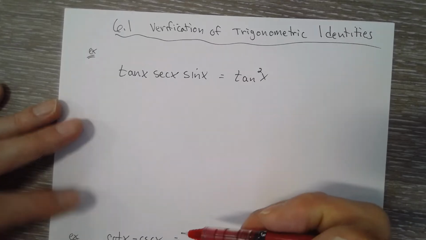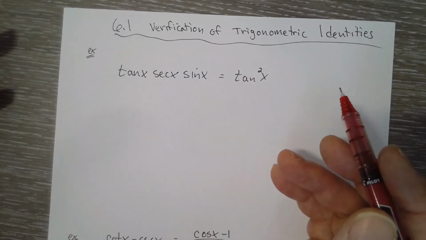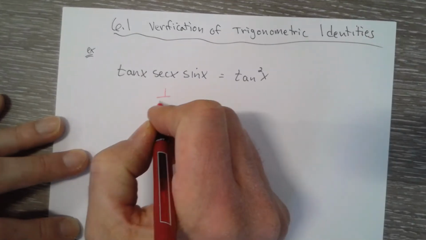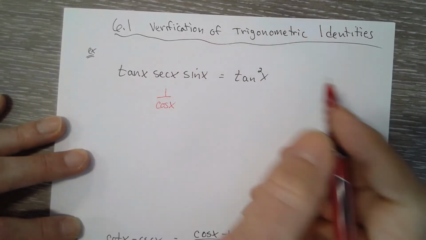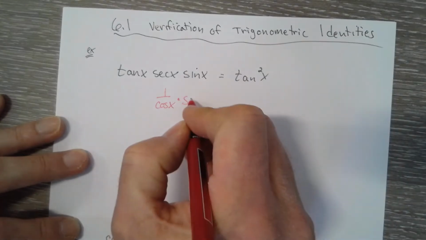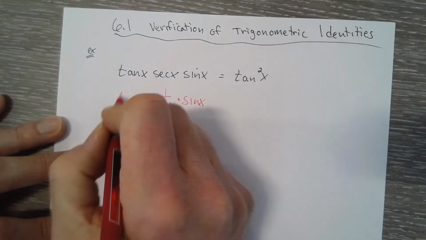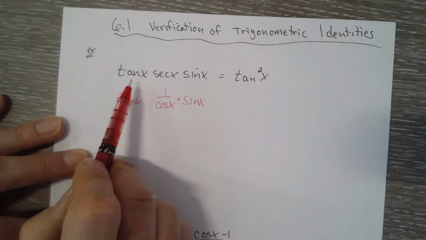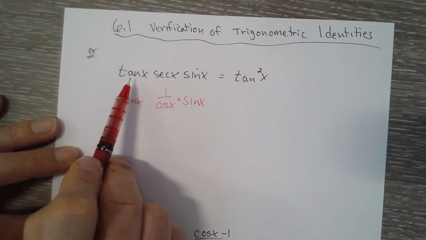As long as you perform legal operations, like I can change that secant x to 1 over cosine x. That's not illegal. I can do that. Some people may have done something different. They might have initially just changed this tangent to sine over cosine.